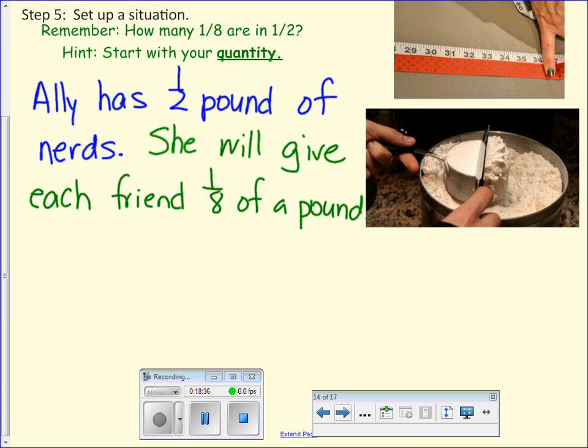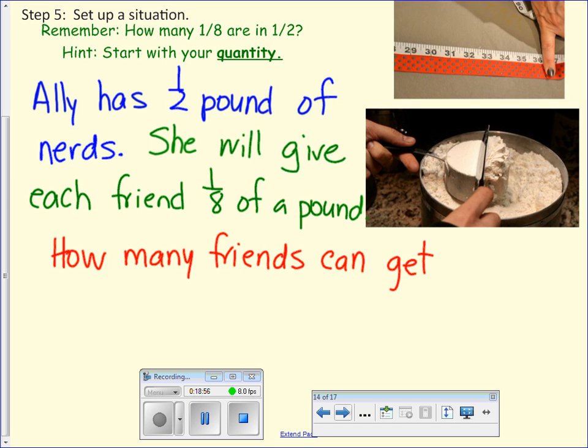Now our question is, remember, we're trying to find how many groups. How many groups? How many friends can get candy? So by looking at how many friends, that's really our groups.